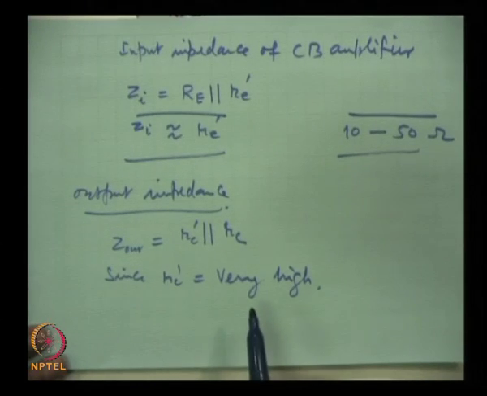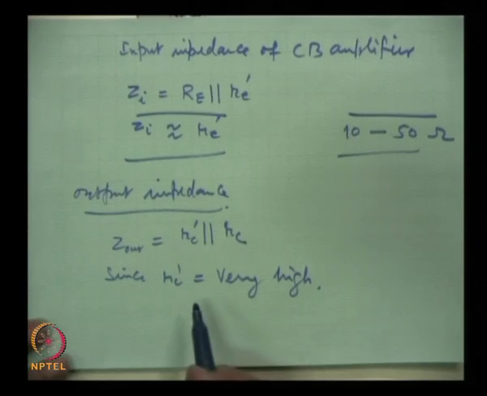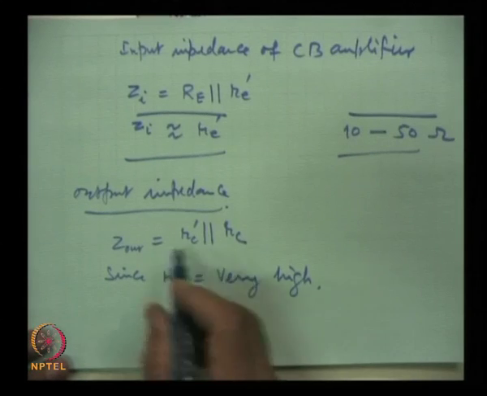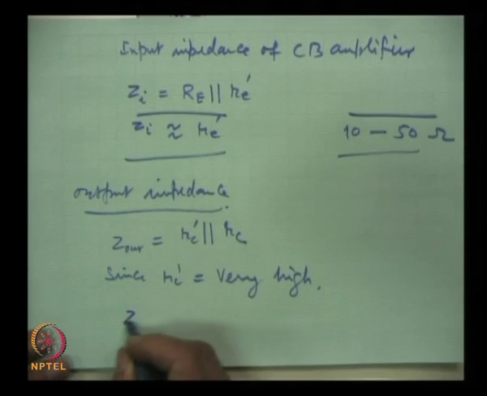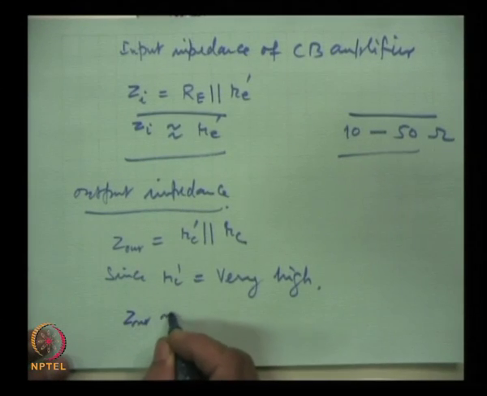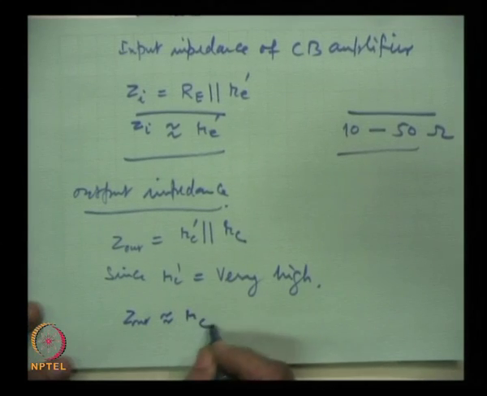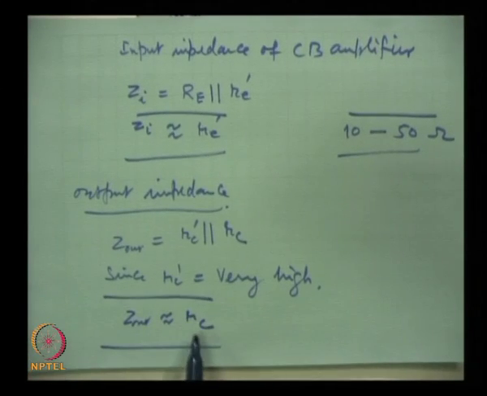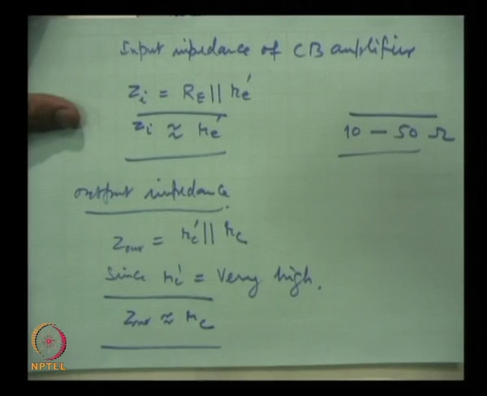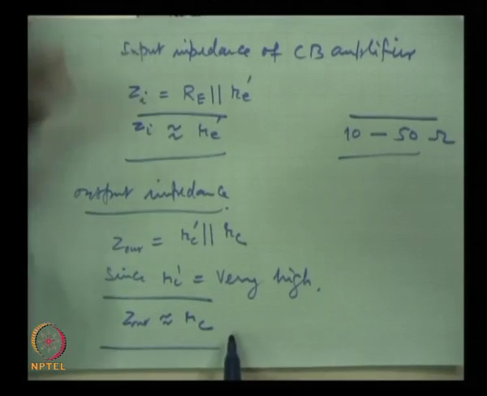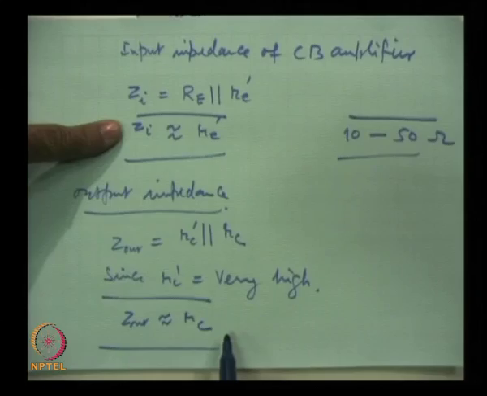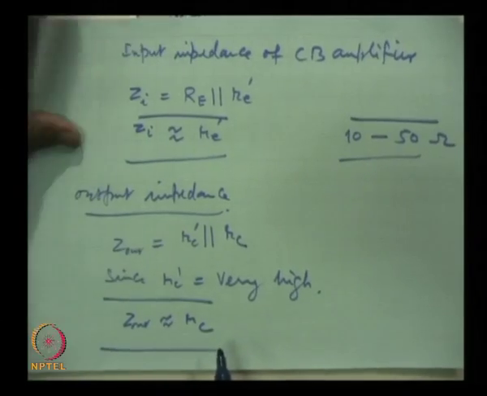A reverse bias junction has very high impedance, from a few hundred kilo ohms to meg ohms. So, the effective value will be R c. Effective value of output impedance is equal to R c. This is high. Input impedance for common base is very low, output impedance very high.